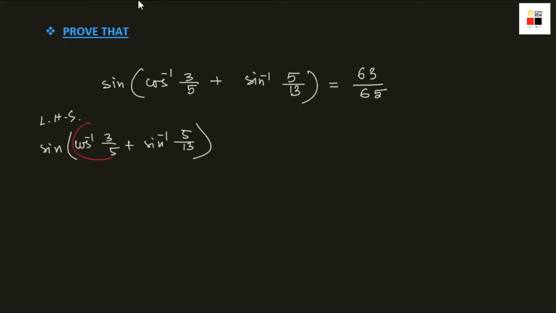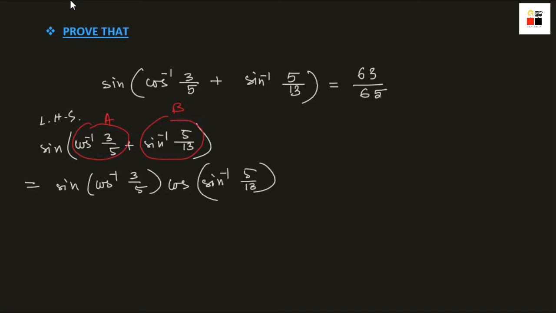We can imagine this one as A and this one as B. This is equal to sin A cos B plus cos A sin B.